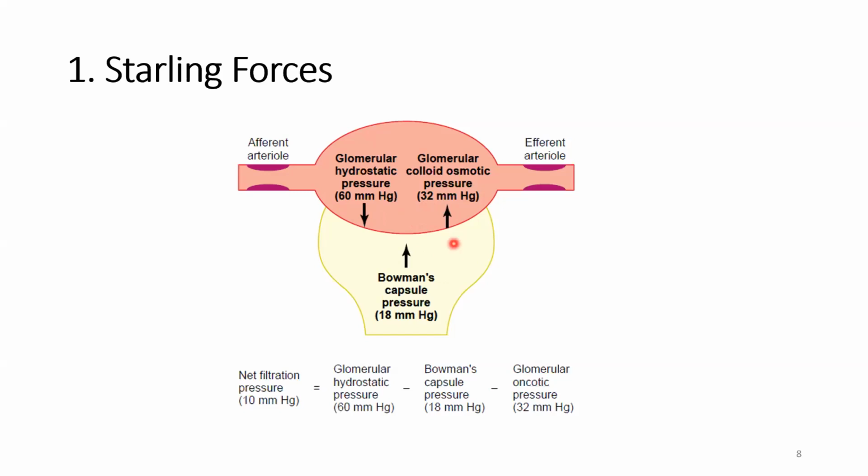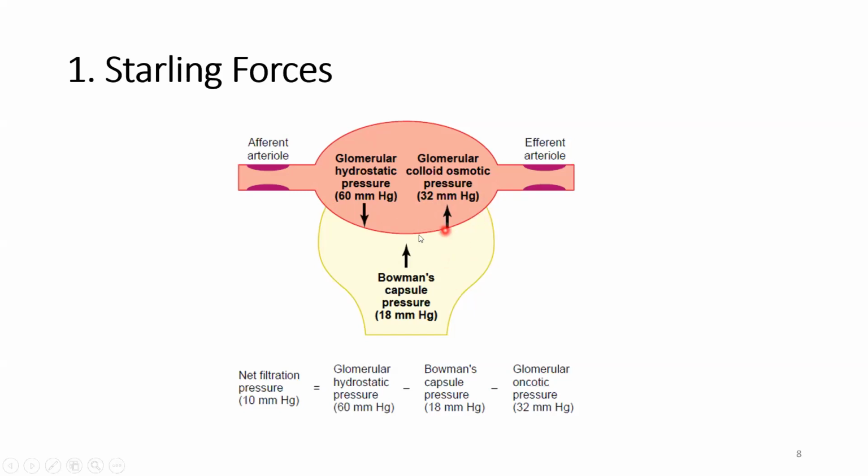Now, coming to the point, where is the oncotic pressure of Bowman capsule? Question mark. So basically, we don't have it, because if you remember, we have a double membrane structure here, and a double membrane structure means that we will not allow macromolecules to come out beyond this filtration barrier. Hence it's very unlikely that any protein would come out and roam around the Bowman capsule.